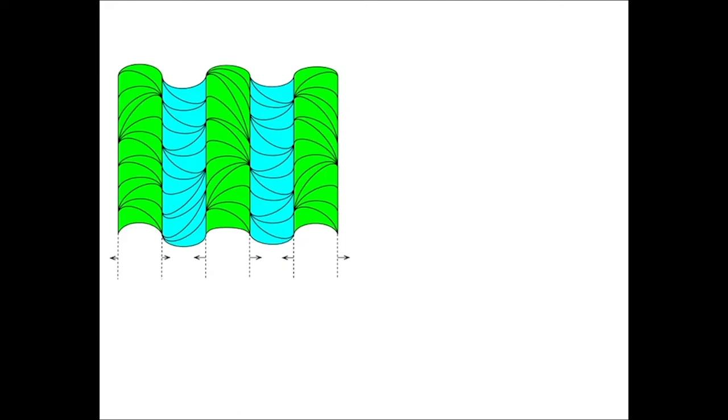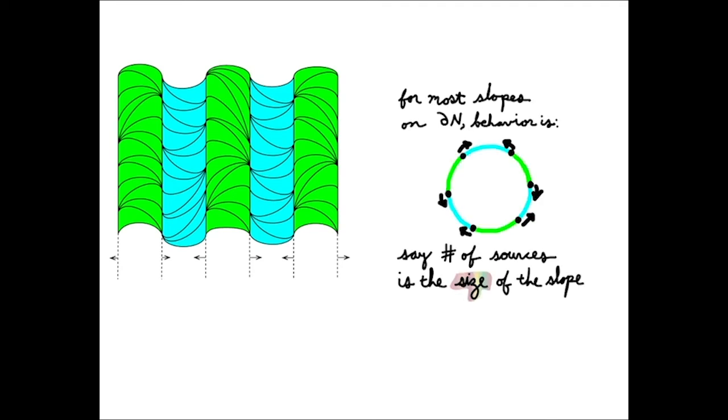Here I've drawn what the co-orientations have to be on the boundaries of these ladders. You can see they sort of alternate from one direction to the other as I go around. And for any curve that is not the same slope as the ladders, if I make it intersect the ladders efficiently, I get a picture like the following.